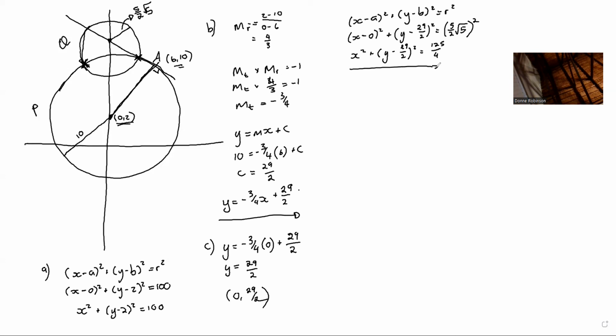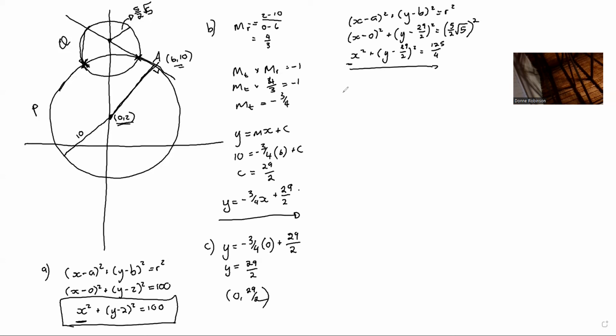But we're not done. They also said that we now have to verify that both the points of intersection of circle P and Q are 11, the y coordinates. So I think the easiest way to do this would be to get circle P here, get x squared alone, and then for circle Q here, get x squared alone.